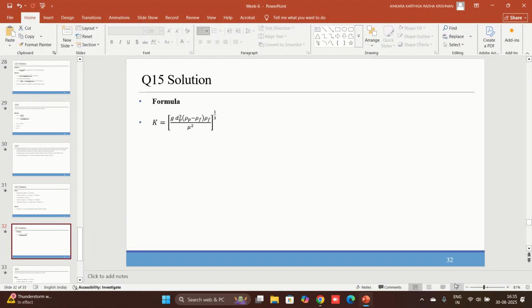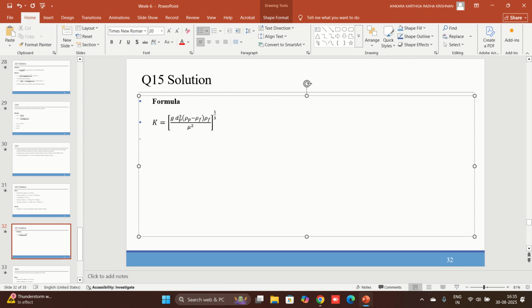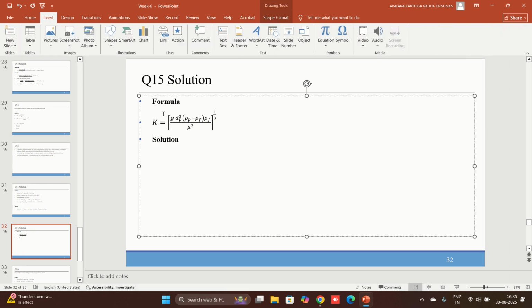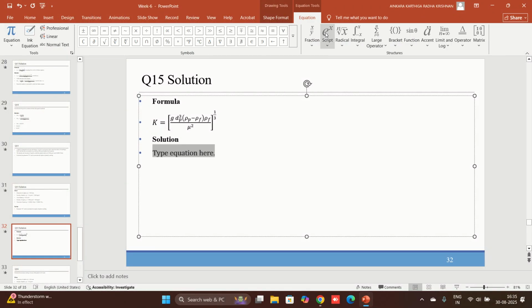So we can see the substitution. We'll do it now because we have time, and we can do the solution and check. K equal to something to the power of 1 by 3.